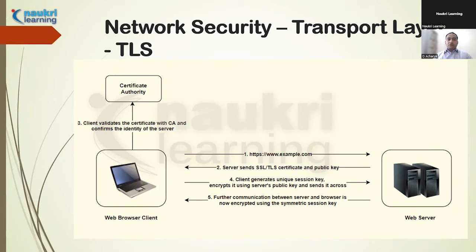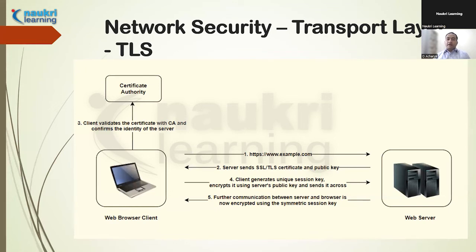Once step three is done and we are good, in step four the browser generates a unique session key and encrypts it with the server's public key. If you remember, the server shared its public key in step two. So the session key generated by the client is encrypted using the web server's public key and sent to the web server.